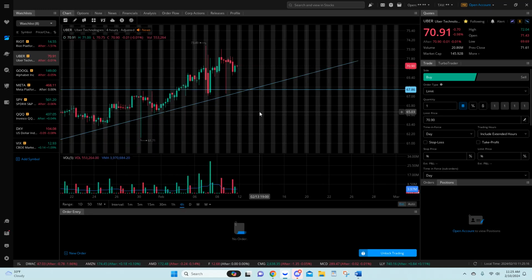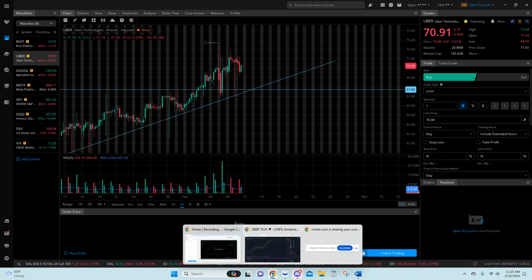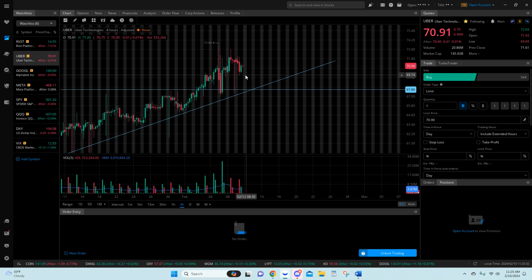Bumping it down to the 4 hour, and with the whales still being out of the money too, that's one thing I like to look at. 34 days out, 72.5 call. I'm not going to just hop in. I'm going to look for a discounted entry.